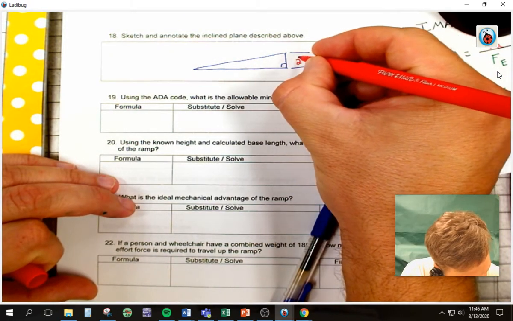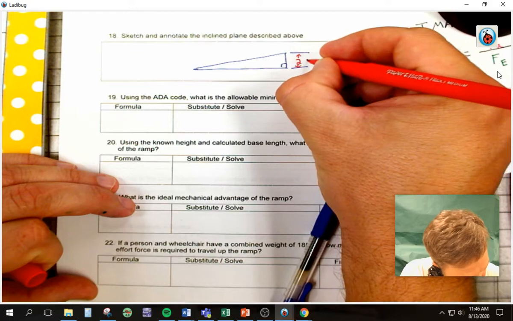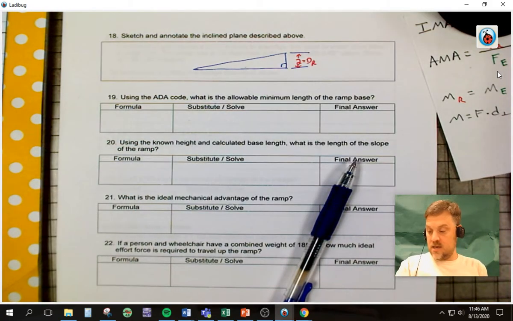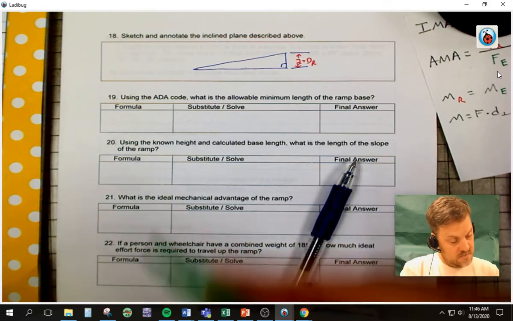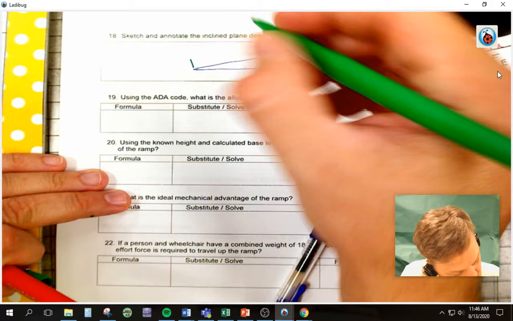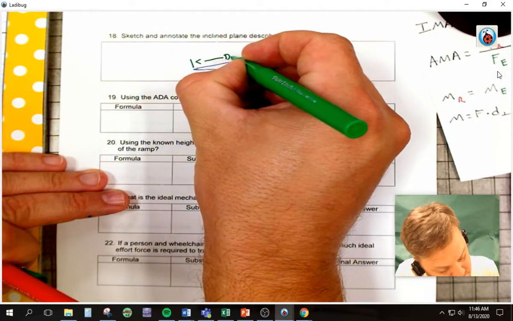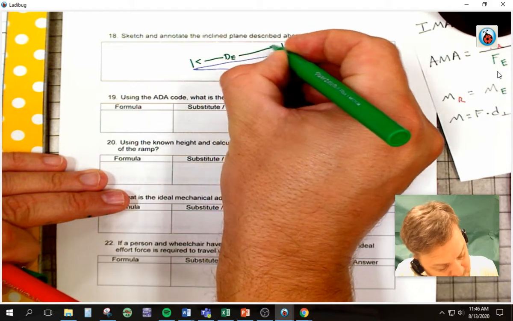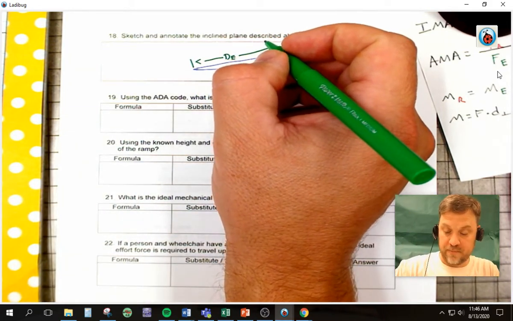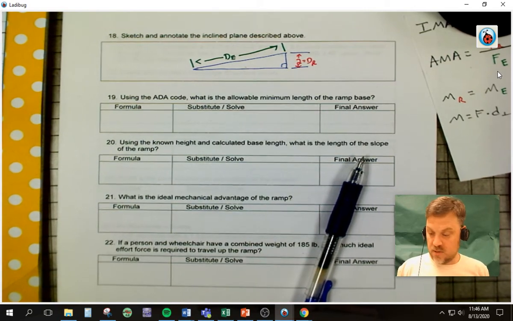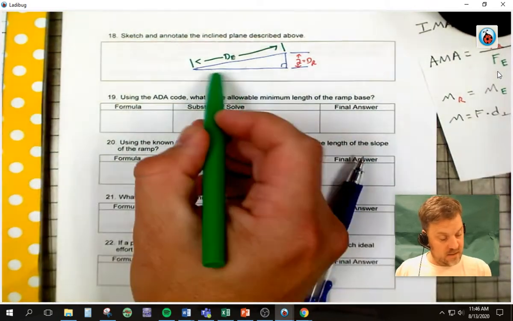So that's going to be my distance resistance, just in case you were curious. And then on an inclined plane, this slope here is going to be my distance effort. Or slope, okay? And then we have also the run, which would be this down here.